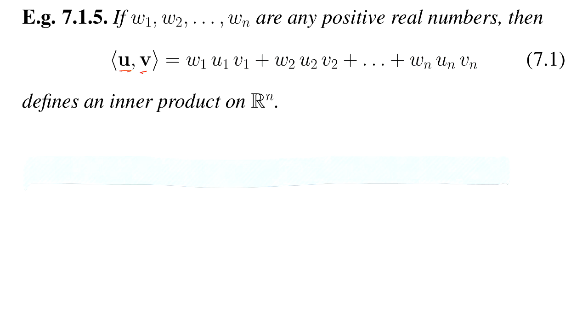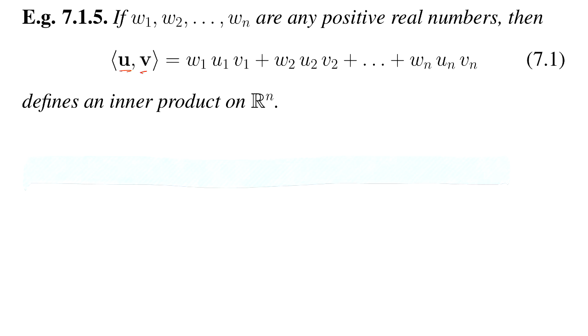So the idea here is that you're sort of saying certain directions in coordinate space are more important than others, right? If you think one direction is really important, you can give it a big w, and then it'll contribute more to the inner product.